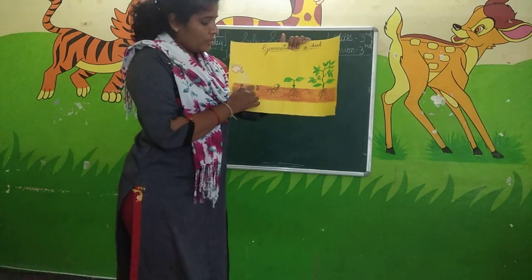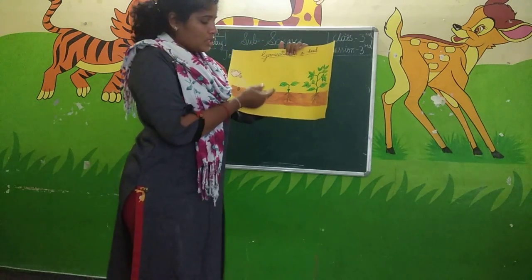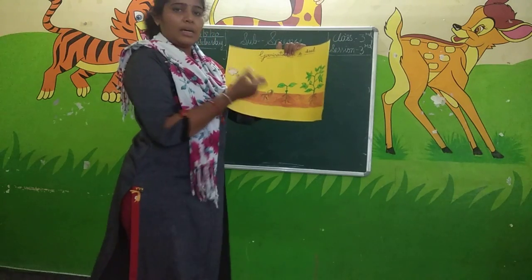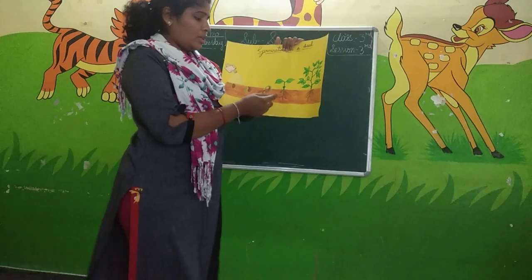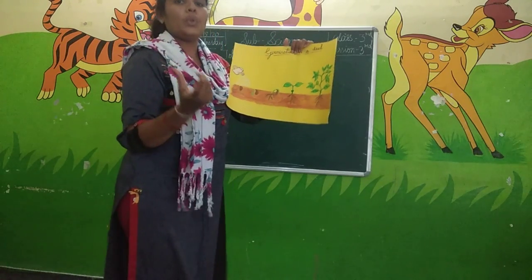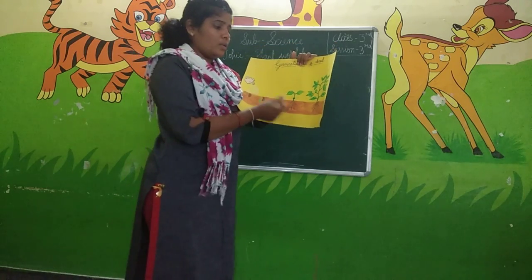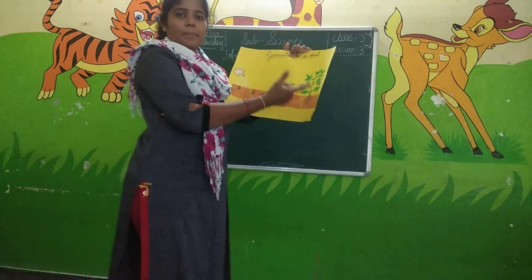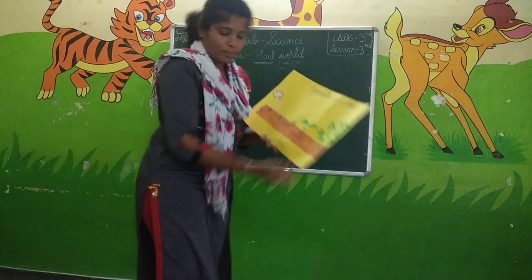You can see, first it will grow downwards in the earth, and next it will come up above the ground. In the fourth stage, the two cotyledons will split into two leaves and it will grow as a plant. First, I will explain one by one.